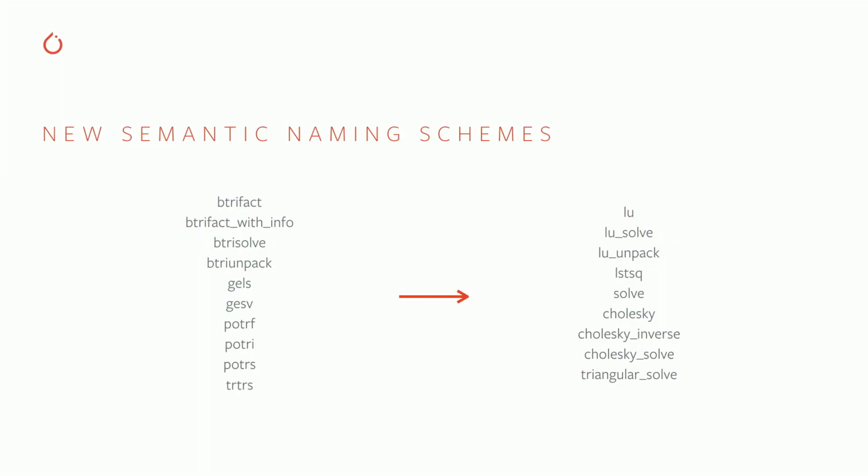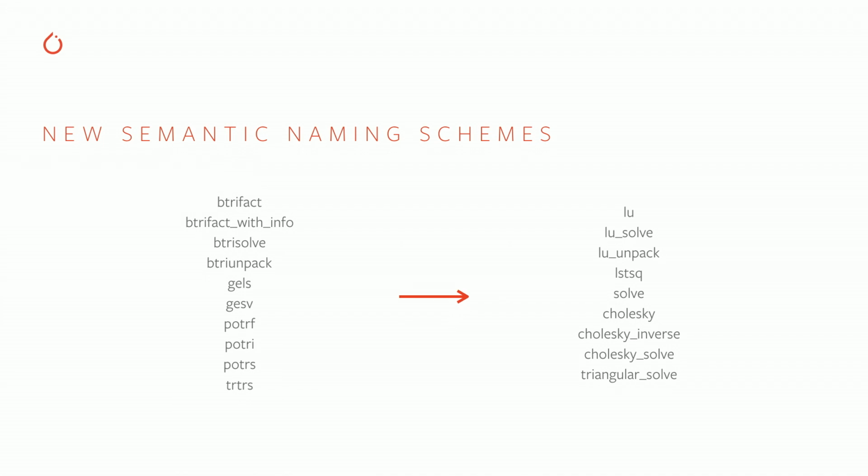For example, your btrifact, which is exactly your LU decomposition, has been renamed to LU. You have btrifact_with_info, which was a separate function in PyTorch 1.0. We have implemented a get_infos argument to LU that will allow you to get the information, therefore superseding btrifact_with_info.